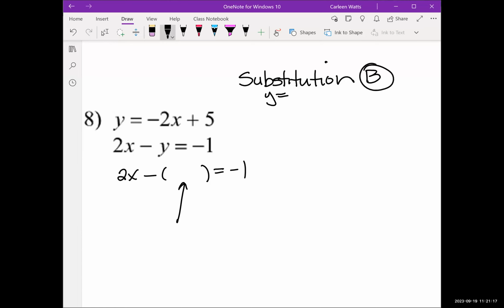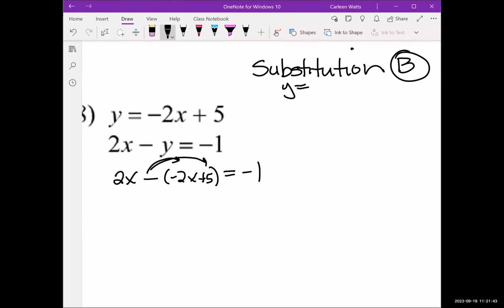In its place, I put what it's equal to, 2x plus 5. Now, why did I put it into parentheses? Because I'm going to have to distribute. If there's two terms, there's going to be some distributing.